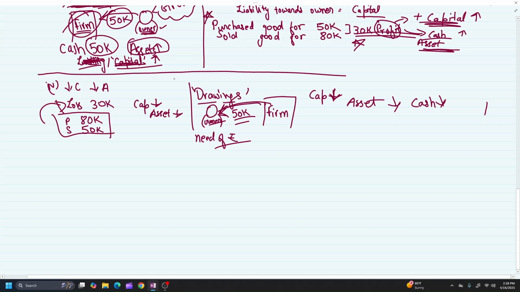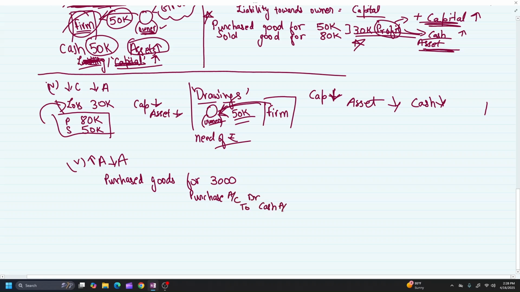Let's say fifth is increase in asset, decrease in asset. Let's say you purchased goods for 3000. इसमें क्या हुआ? Purchase account debit to cash account.